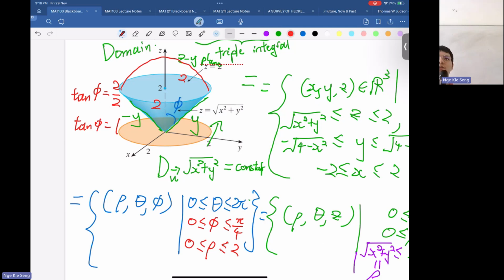There's a dome up here. Okay, but you don't want that dome, you want flat. So how to make it flat? How to cut it?